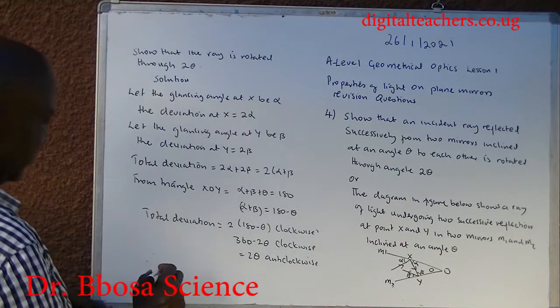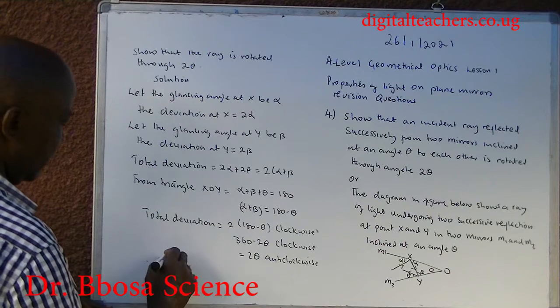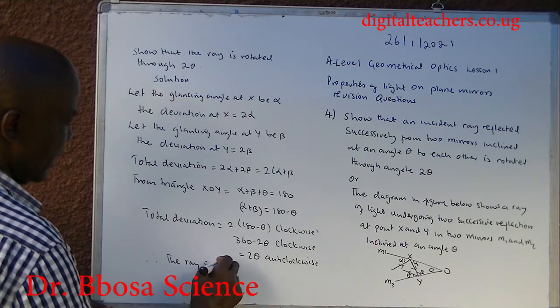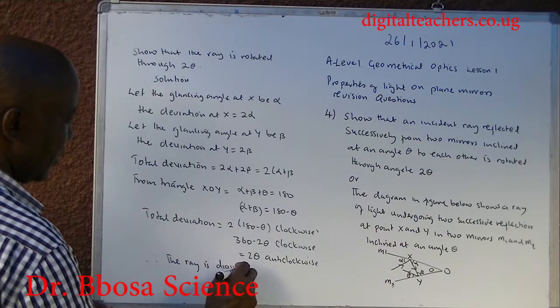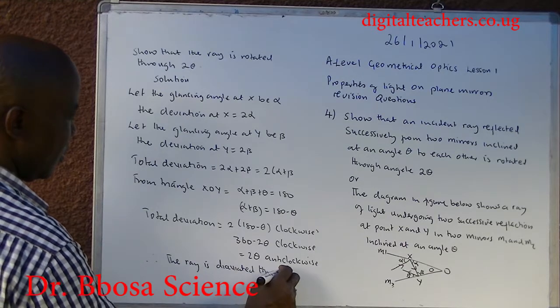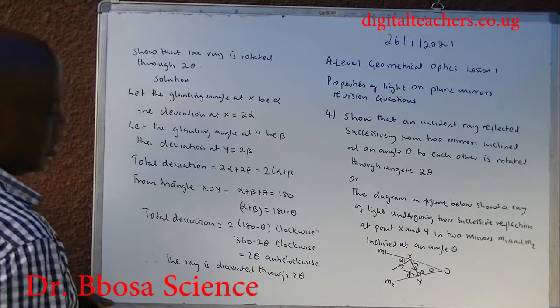Therefore, the ray is deviated through 2 theta.